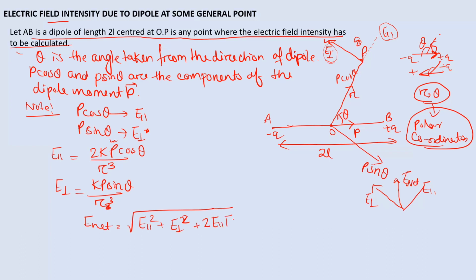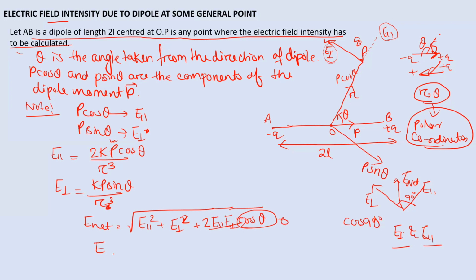The first vector component, the second vector component, and cos theta. Now, if you see here, this cos theta is cos 90 degree. Why? Because the angle between E perpendicular and E parallel component is 90 degree. You can see this angle is your 90 degree. So cos 90 is your 0. So this entire term will be what? 0.